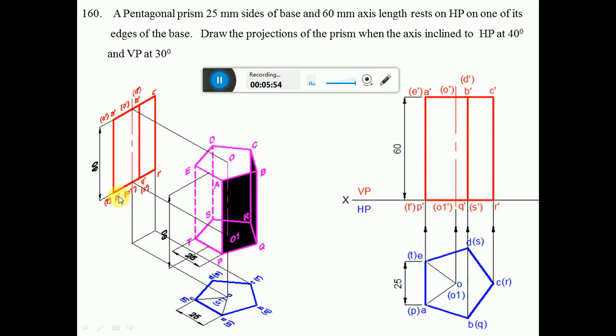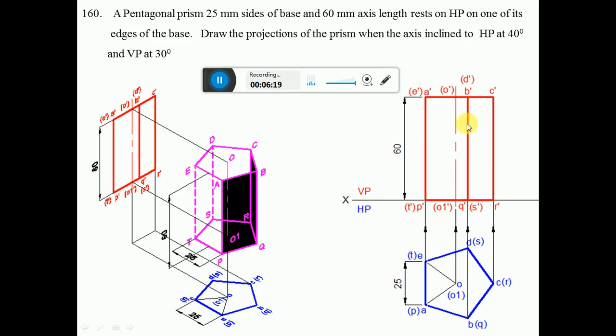Then since the height is seen in the front view, which is at a height of 60 mm, from O1 dash you draw a vertical line to the front view and measure the distance of 60 mm and mark this point. Then you draw a horizontal line, and then you join from here with a dark line till this point, which is one point.